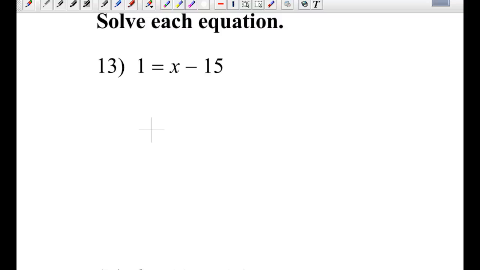Once we get into the middle of the year, and you've proven to me you can do some basic stuff, things change. But for now, I don't know you. I need to know what you know. So something like this, number 13. Before you go into autopilot, subtract this from both sides, add this to both sides, think about something more common sense.